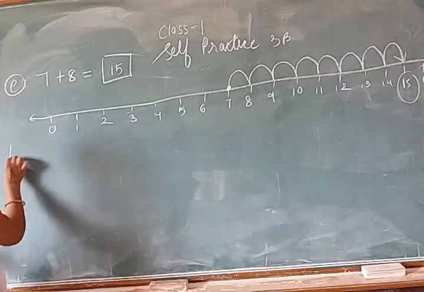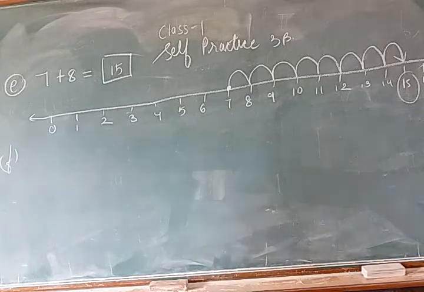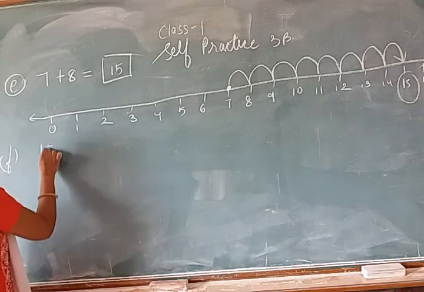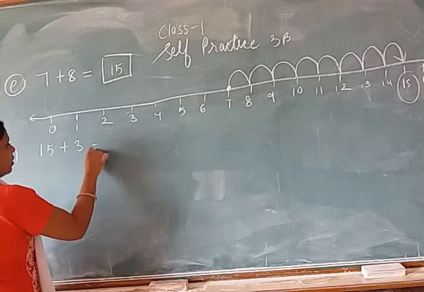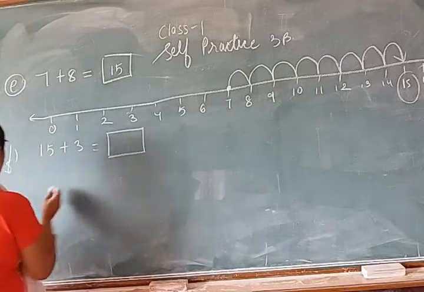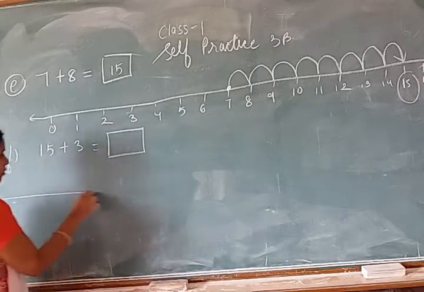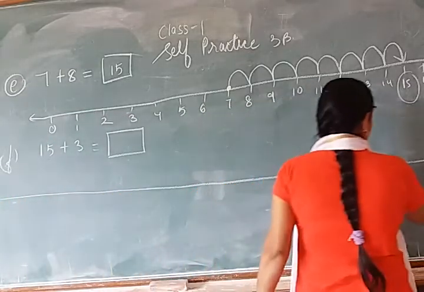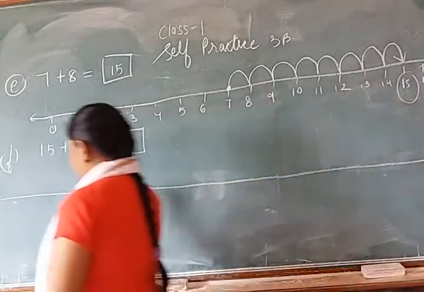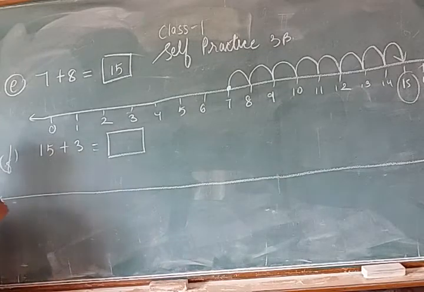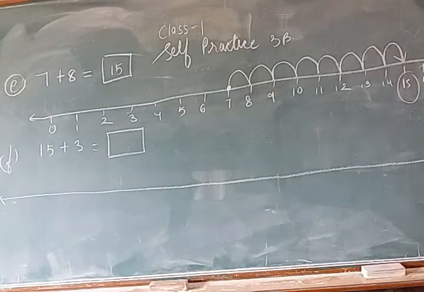F, and the question is 15 plus 3. Now draw a number line starting from 0.